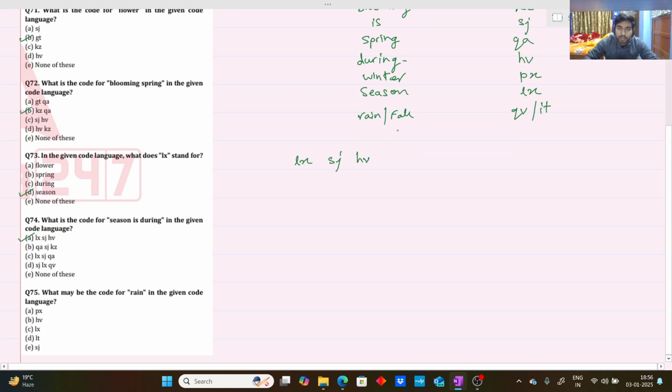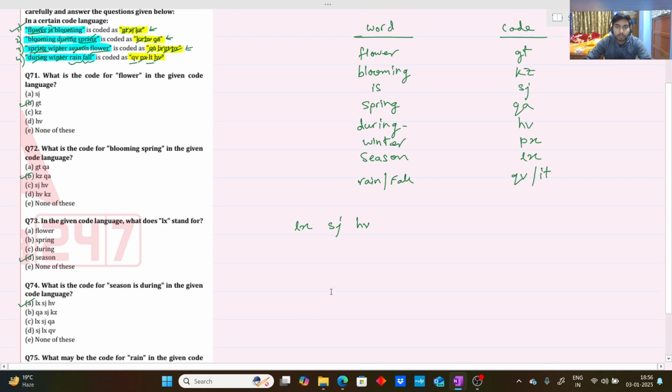Rain's code can be either QV or IT. We do not have QV in my options, but we do have IT. All other codes mentioned in the options are taken by some other word. So IT is the only possibility for rain. Hence, it is my answer.